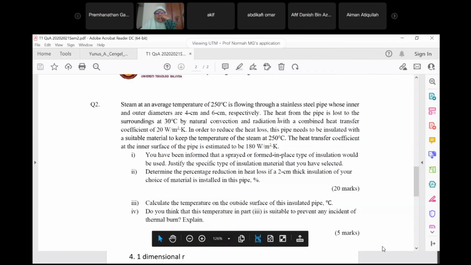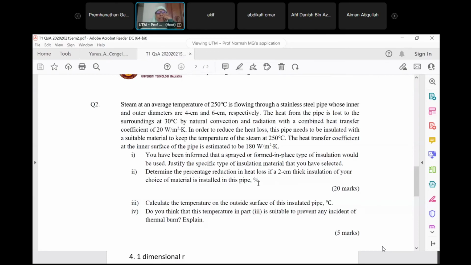2 pi rL. You don't need the L because you want to find the percentage loss. Yeah, the L remains. If a 2 centimeter, okay. So you can do that. You have 20. What is the surface temperature? Surrounding is 30. So you have to find the surface temperature here.